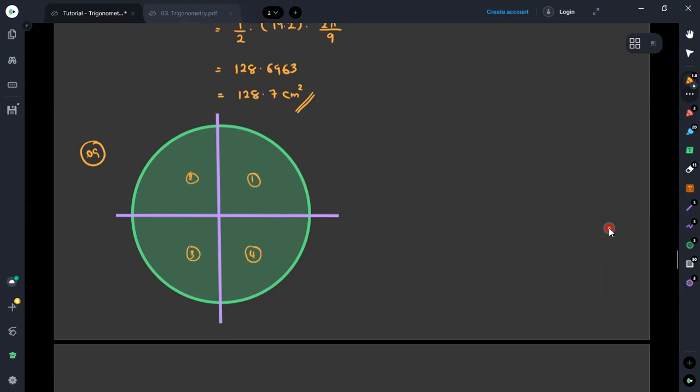Now suppose this is the baseline we have considered as 0 degrees or 0 radians.